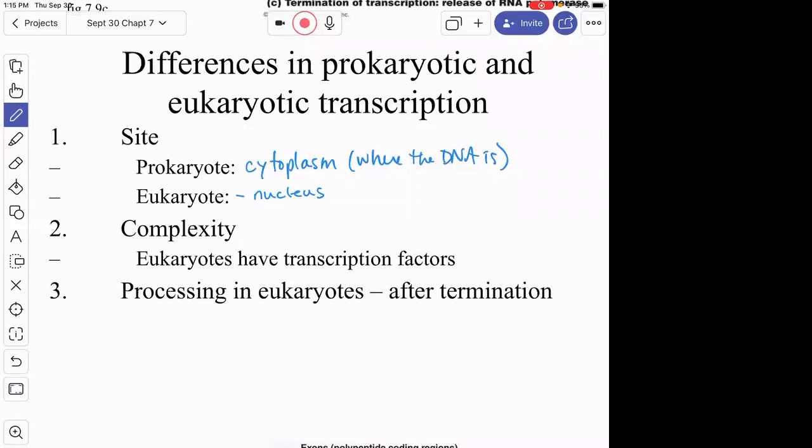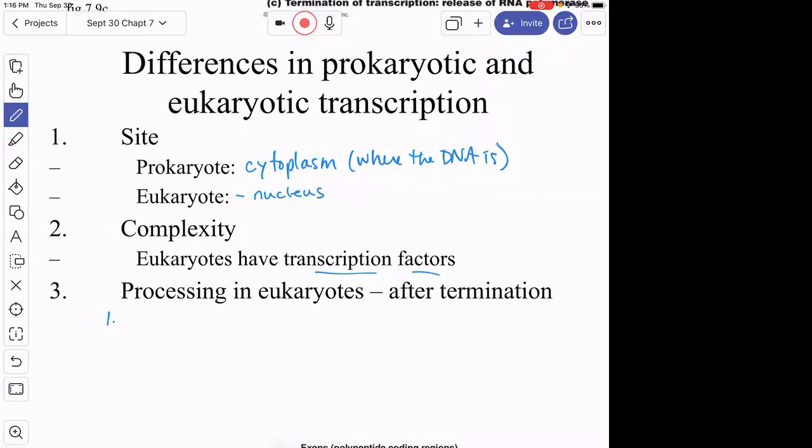And there's lots of these protein transcription factors that are necessary for initiation to begin and even for elongation to continue. So again, just lots more complexity for eukaryotes. And in addition, there's some processing that has to take place in eukaryotes after termination takes place and before that messenger RNA can get read at the ribosomes.